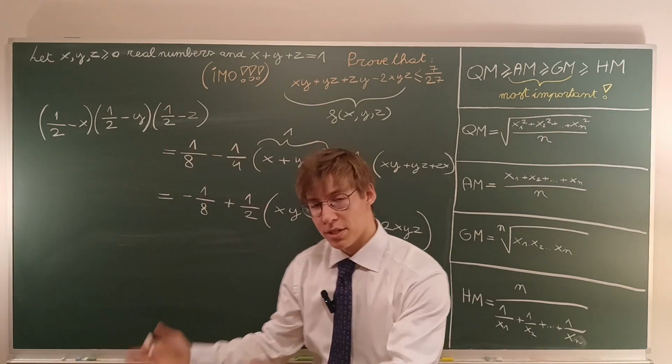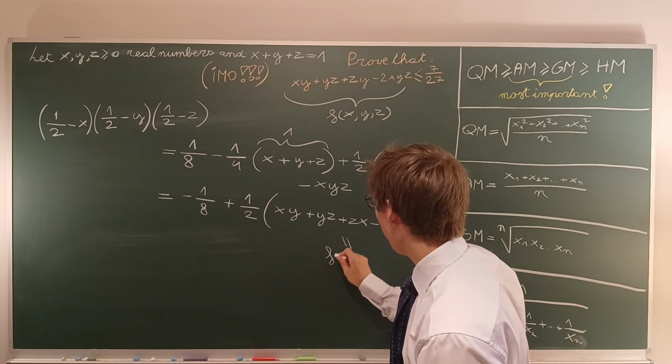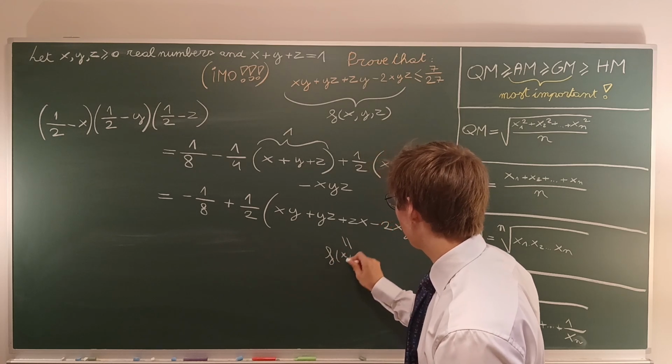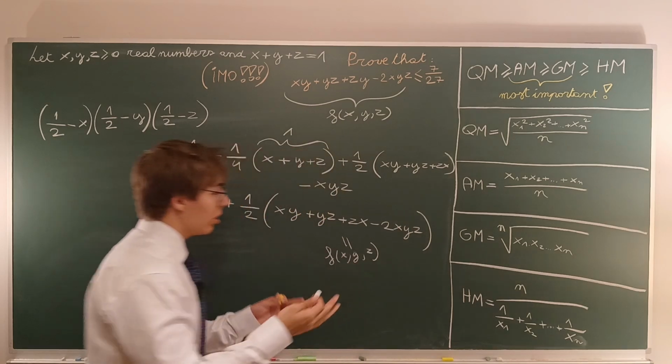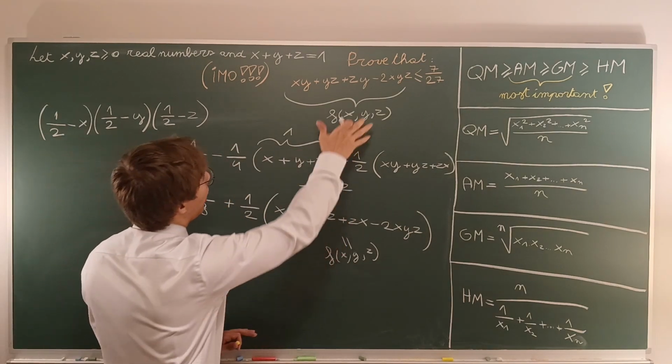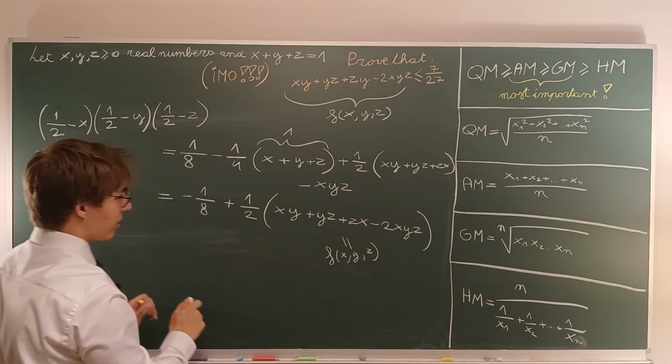But now notice that this last expression is just equal to f of x, y, z. So we can express the left-hand side of the inequality by the things we have established.